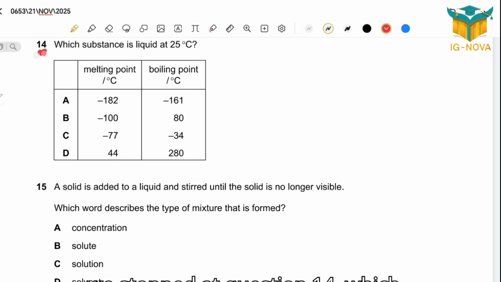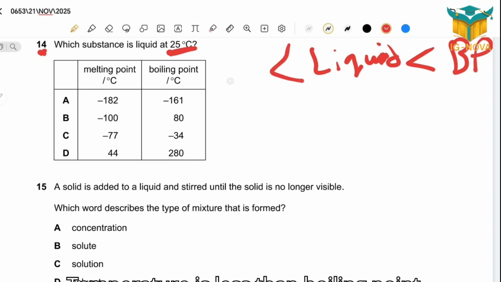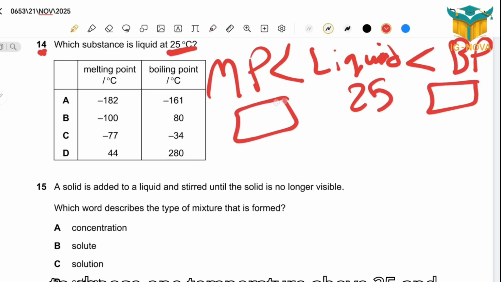So we stopped at question 14, which substance is liquid at 25? To solve this question, we use state of matter. To be liquid, the temperature must be less than the boiling point and more than the melting point. Our temperature is 25, so we need to choose one temperature above 25 and another below 25. Let's do trial and error.